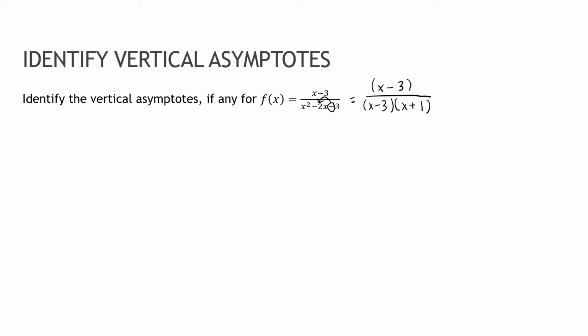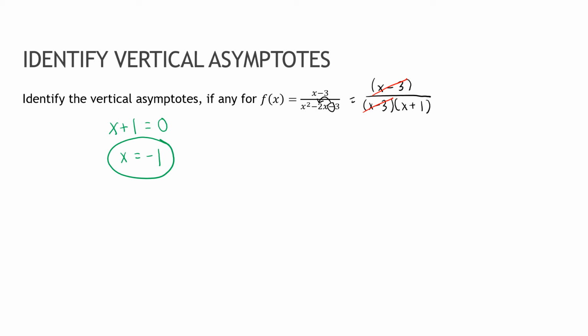Now I'm sure you've noticed these two factors will cancel out. So let's talk about the difference between an asymptote and a hole, because what I have from my last example is that if I take x plus 1 and set it equal to 0 and solve, I get x equals negative 1. That is a vertical asymptote.